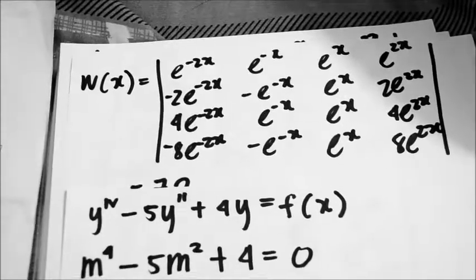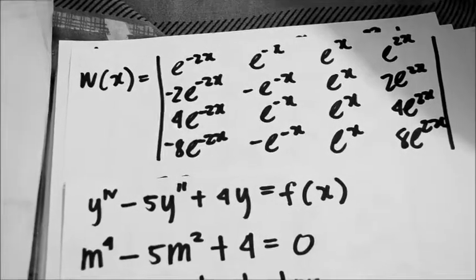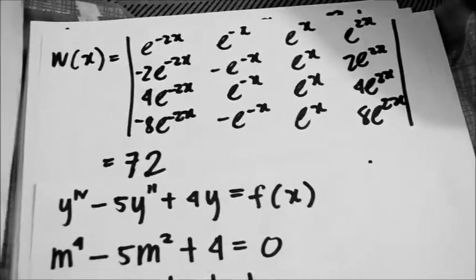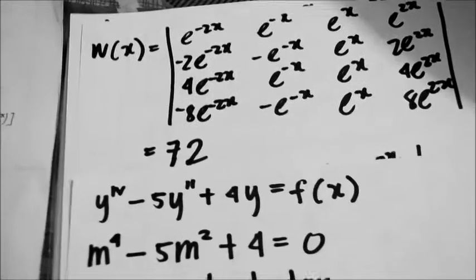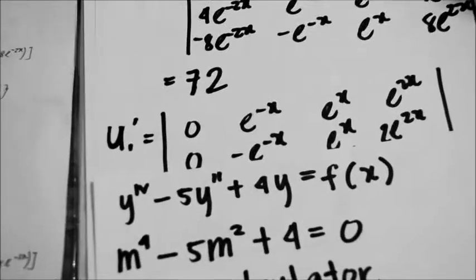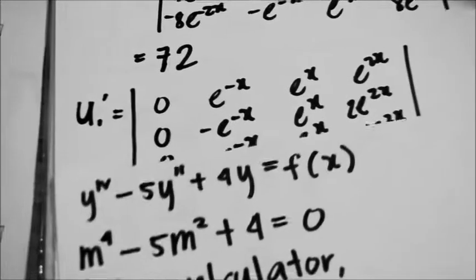So our W of x is equal to 72. Then after solving for this, we can now proceed to solving u sub 1 prime.